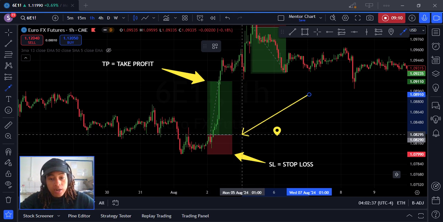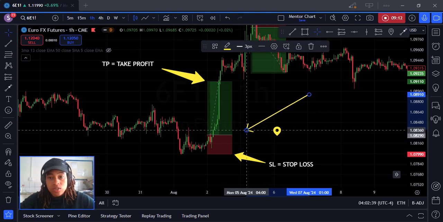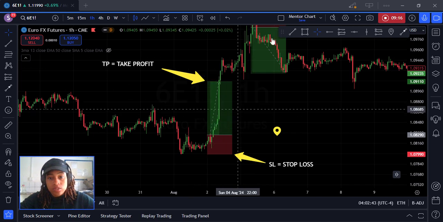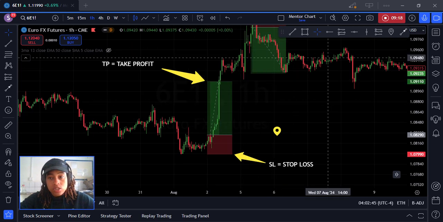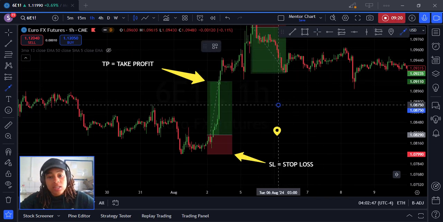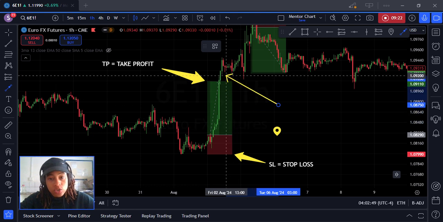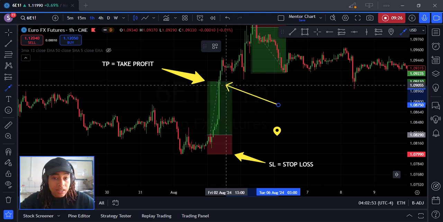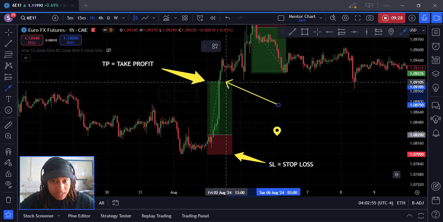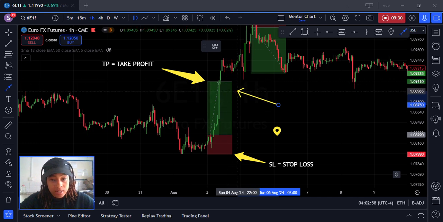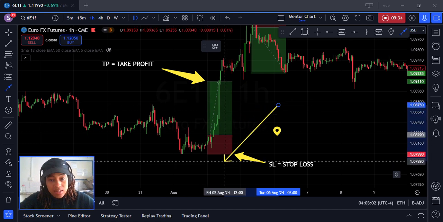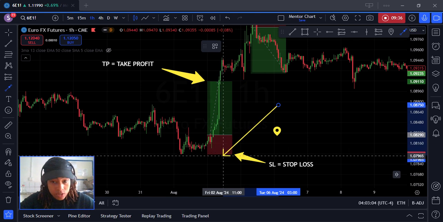Once I enter in a trade, I place these tools. Once the trade passes this line, my TP, that means I've exited and I've won the trade. But if the trade passes this line, that means I've lost the trade.